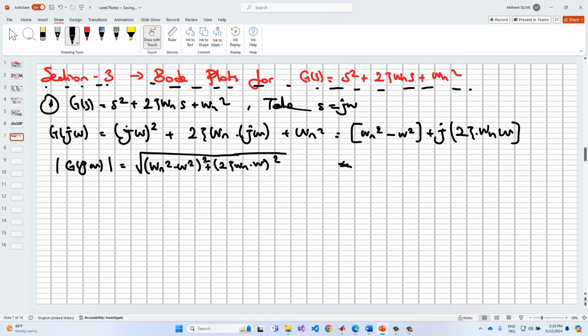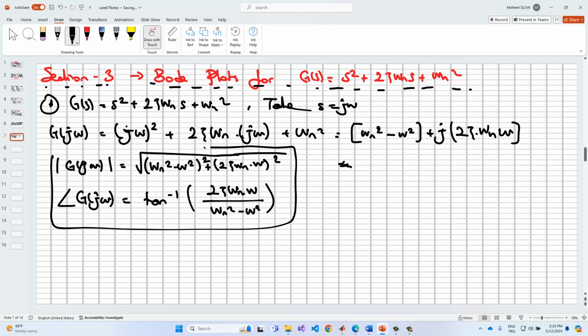Also we can calculate the G(jω) phase angle in terms of arctan of 2ζωn ω divided by ωn² minus ω². These are the two terms for the applications.